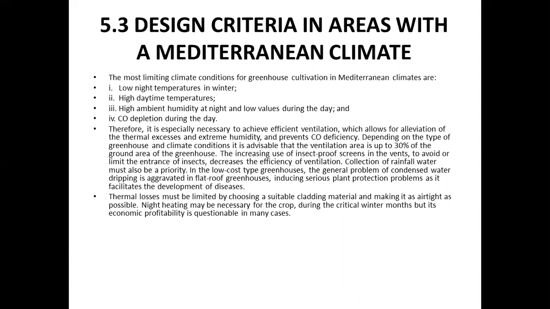Thermal losses must be limited by choosing a suitable cladding material and making it as airtight as possible. Night heating may be necessary for the crop during the critical winter months, but its economic profitability is questionable in many cases.